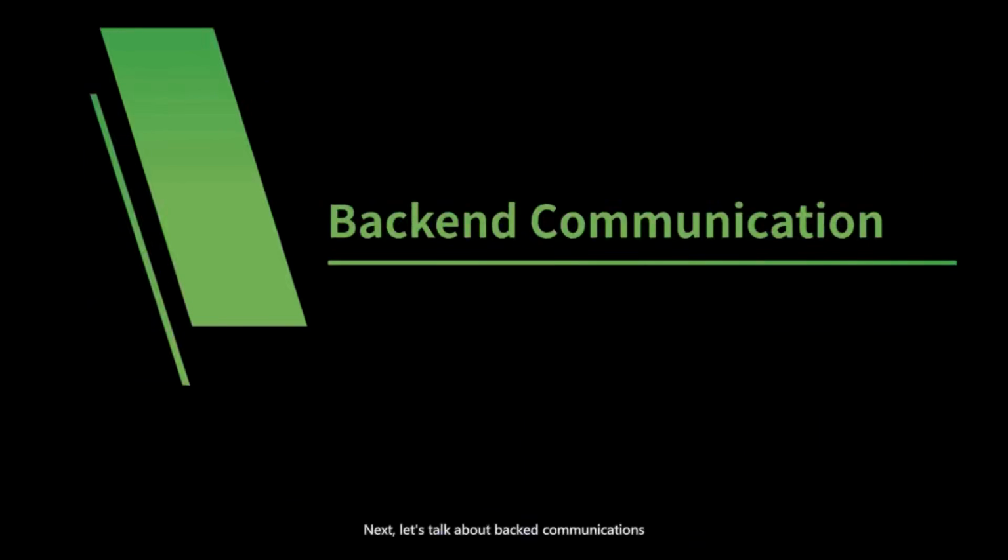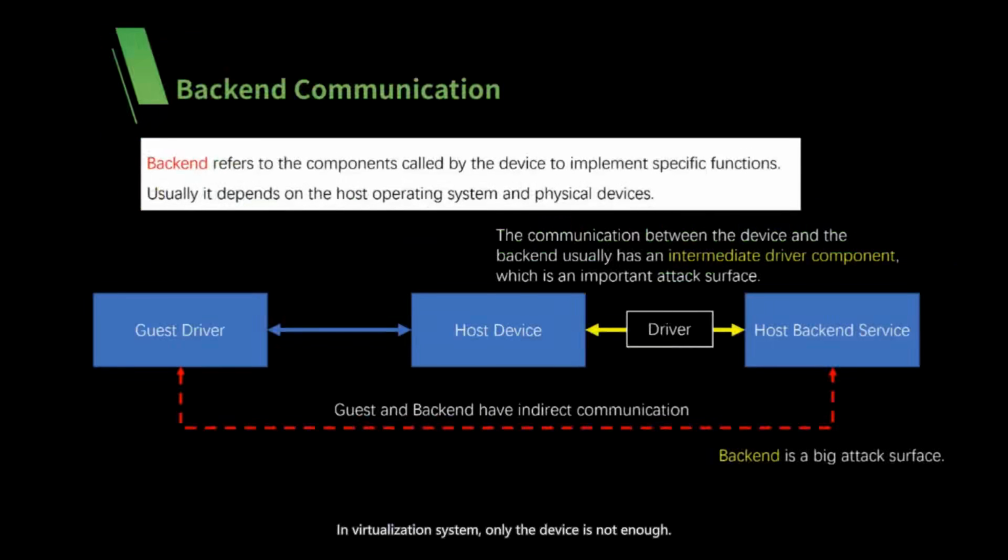Okay, next, let's talk about backend communication. In a virtualization system, only the device is not enough. The device receives only the raw data, and further processing needs to be performed by the backend. For example, the network card device only receives the network data packets, and how to forward them needs to be dealt with by the backend of the Ethernet or IP protocol stack.